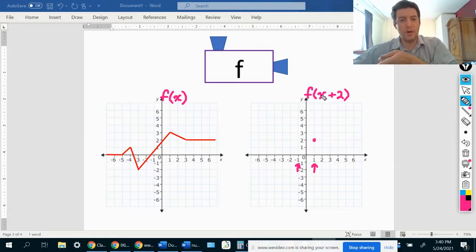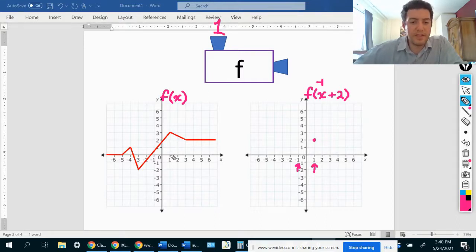We're taking -1, we're adding 2 to it, and then whatever number we get, that's what we're going to put into the function machine. So -1 plus 2 is positive 1. So we're putting positive 1 into the function machine. And now let's see what we get out. So going back to this graph, if we put 1 into the function machine, then we get 3 out. Okay, so the graph is going to look like this.